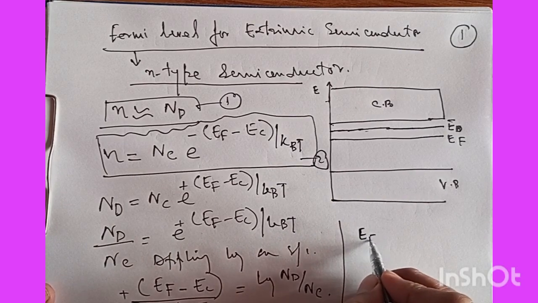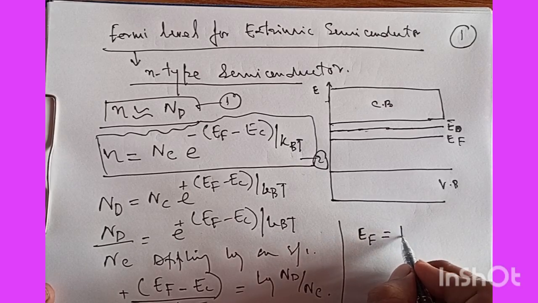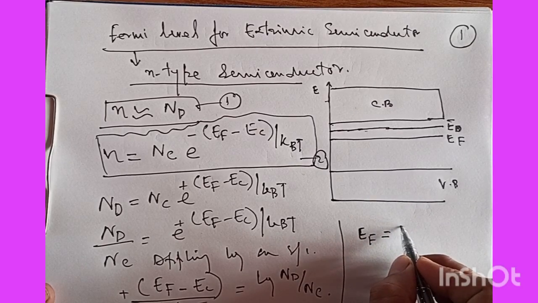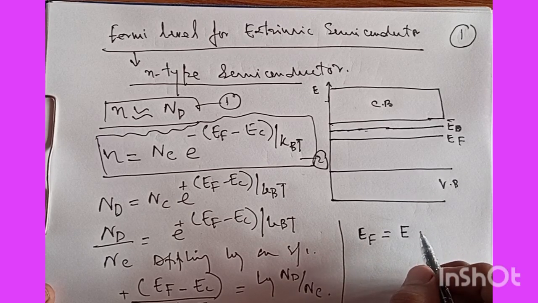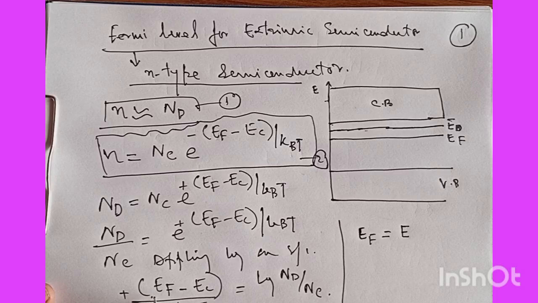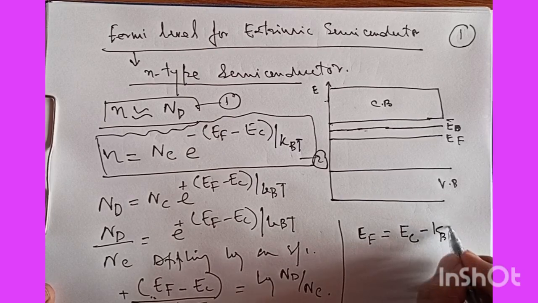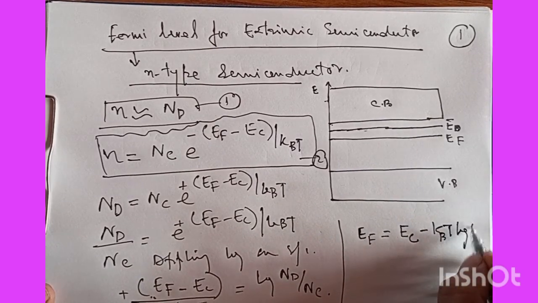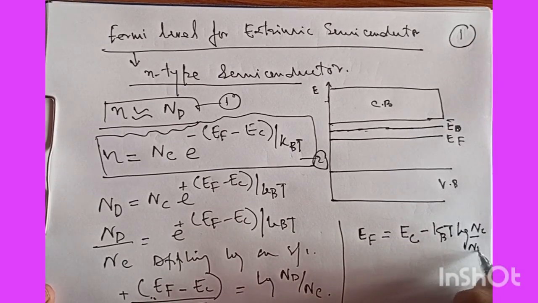That will be EF is equal to EC minus kBT log of Nc by Nd.